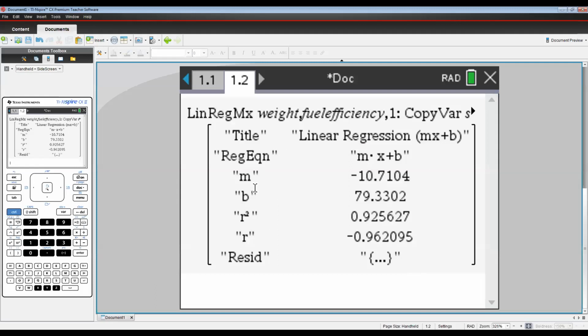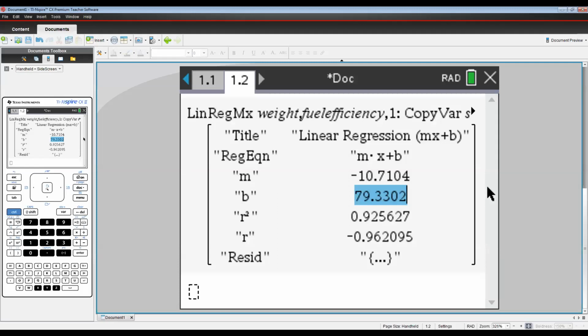From here you can get the equation: Y equals M, this value, X plus B, that value. That is what I'm writing in my notes now. For letter B, it says round all values to the nearest tenth. So Y equals negative 10.7 X plus 79.3.